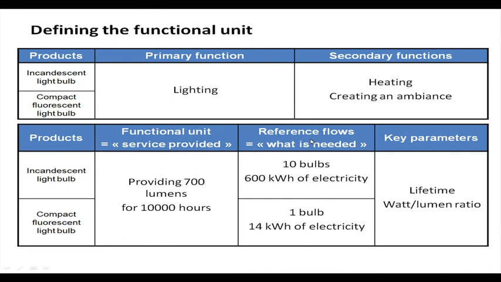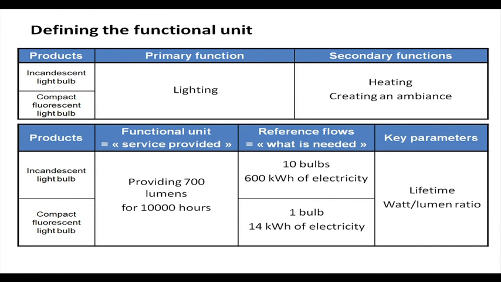This terminology is very important, because when you start using software later on, when you get more pro on LCA, they will use this terminology. So the reference flow is the amount needed to provide the function as per the functional unit that we have chosen.